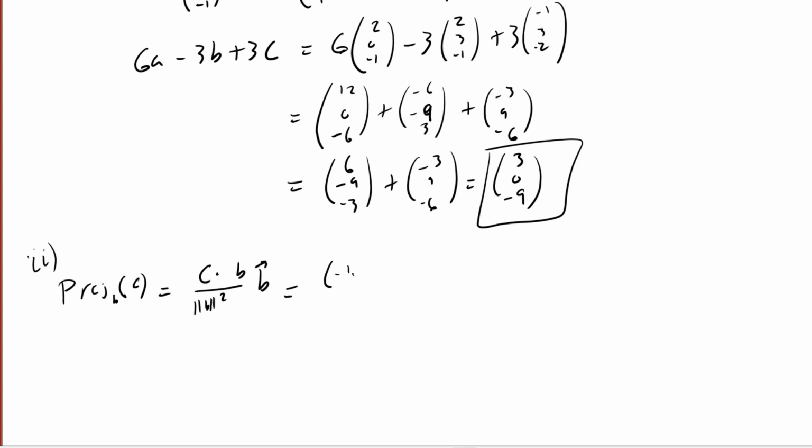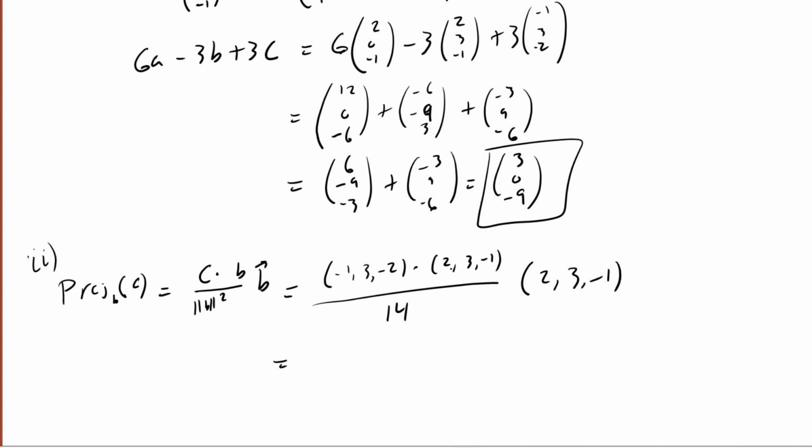And the norm of B squared, because I'm squaring it, is going to be 4 plus 9 plus 1, which is 14, times the vector 2, 3, minus 1.